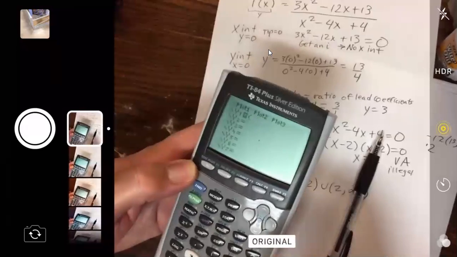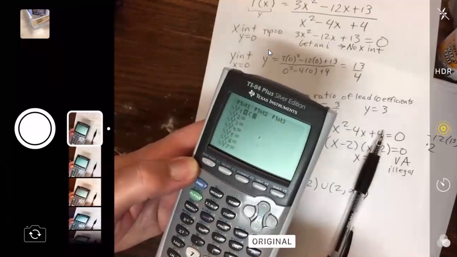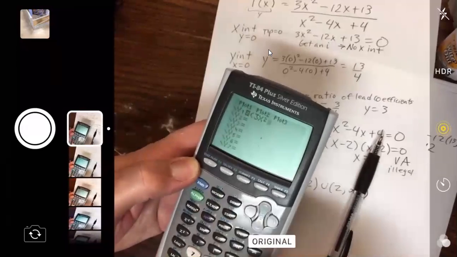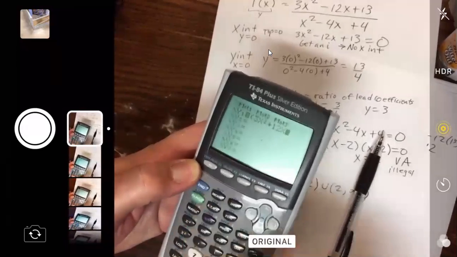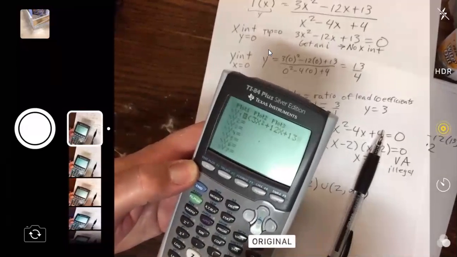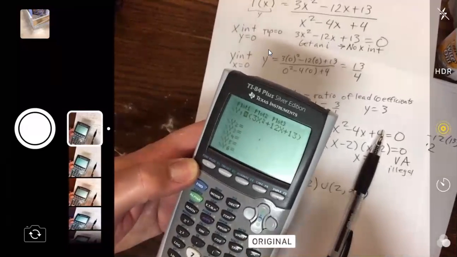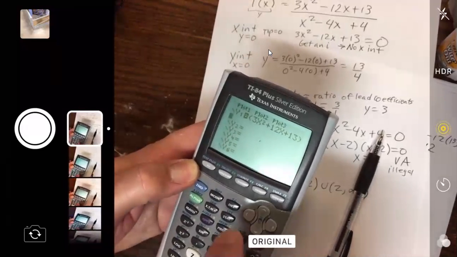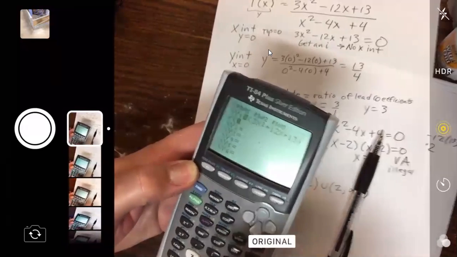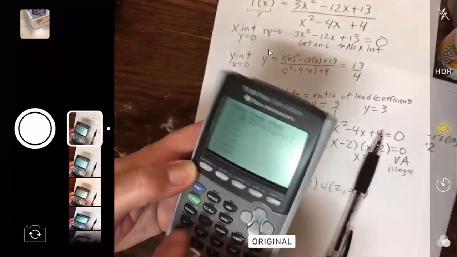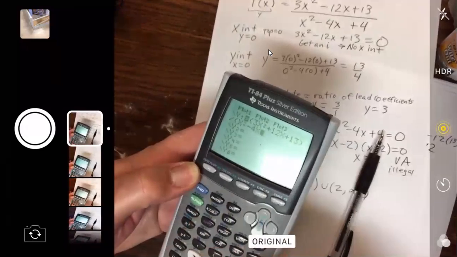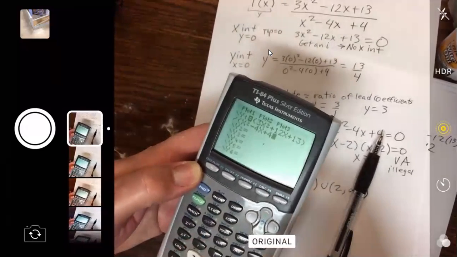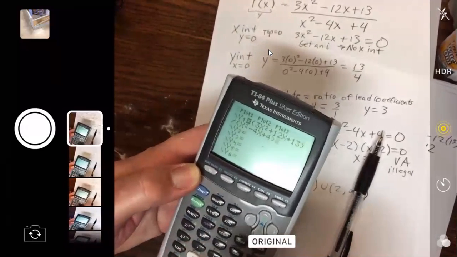Make sure you put the top and bottom in parentheses. 3x squared minus 12x plus 13. There's the top. You're going to divide. Parentheses, x squared minus 4x plus 4. Close.